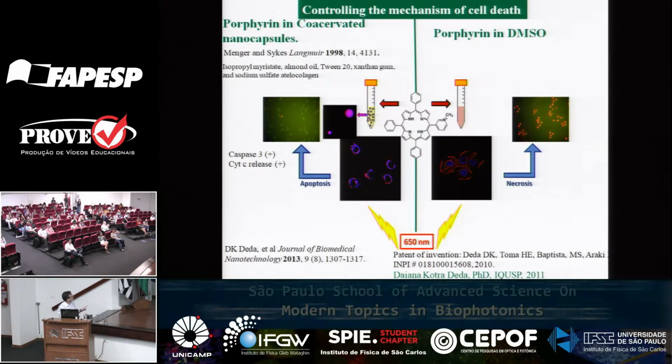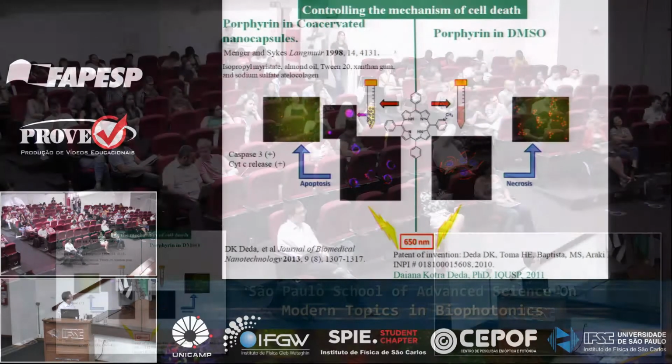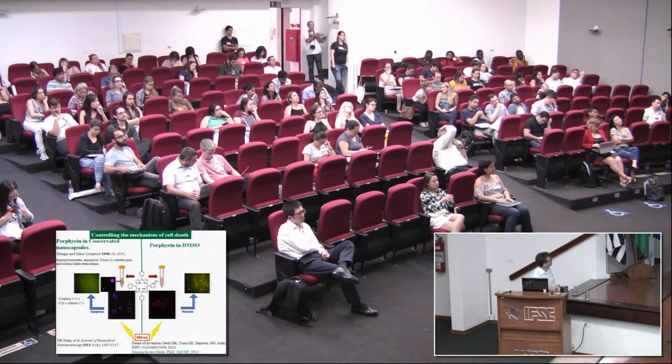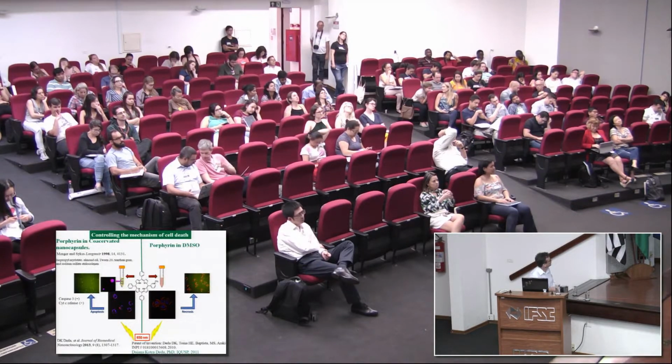However, if she treats the cell not with the suspension in DMSO, but using this nanocapsule, made of biological materials, coacervated nanocapsules, and she incubates them with the cell, you see here we can stain the nanocapsule with blue, and the red fluorescence.